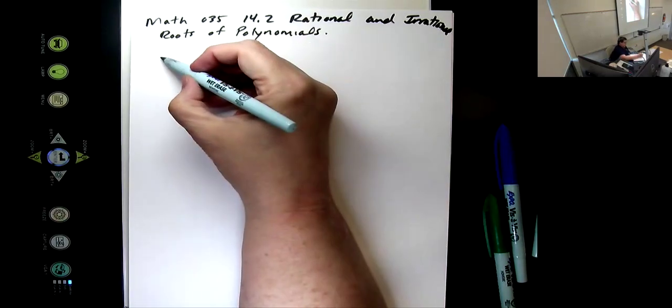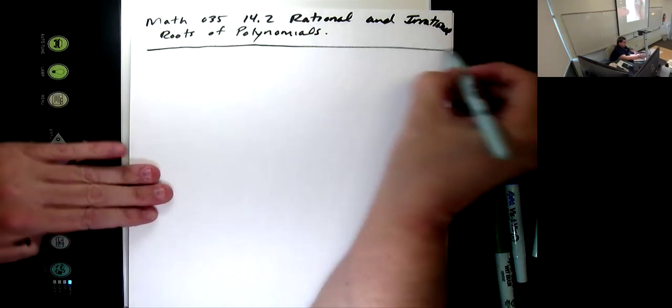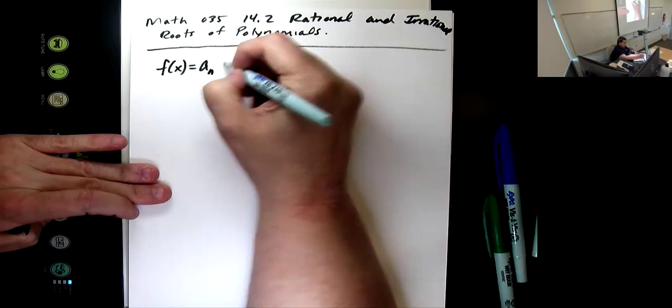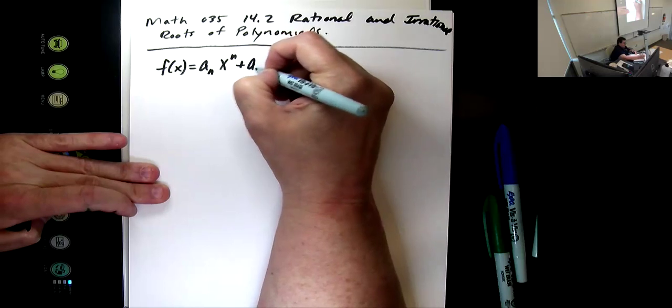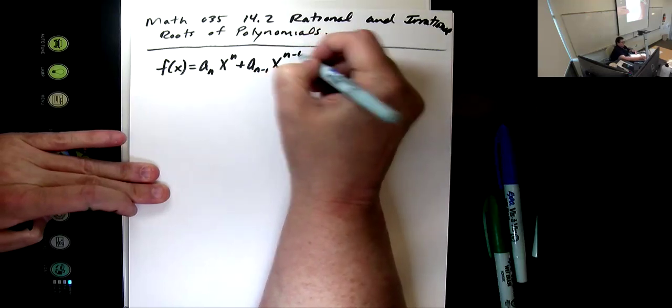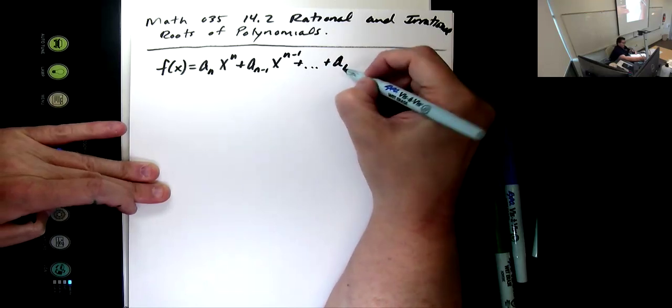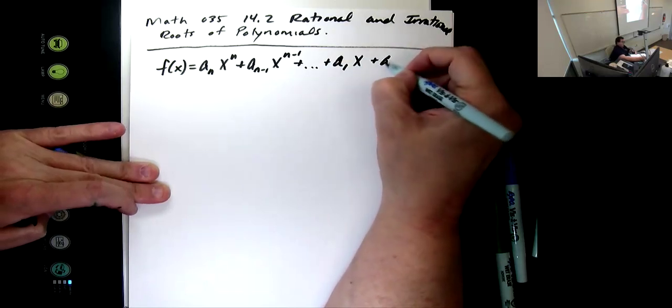So remember, we have f of x equals a sub n x to the n plus a sub n minus 1 x to the n minus 1 plus, and we keep going down, a sub 1 x plus a sub 0.